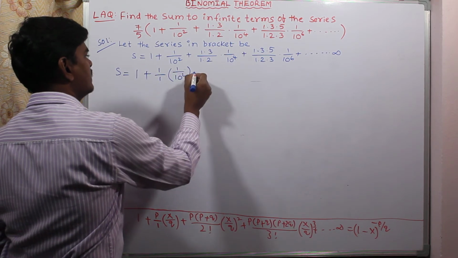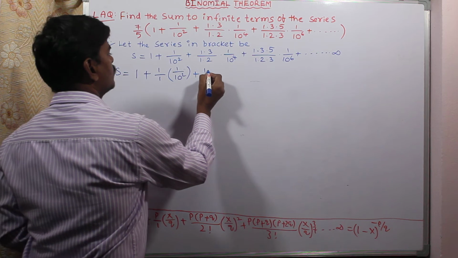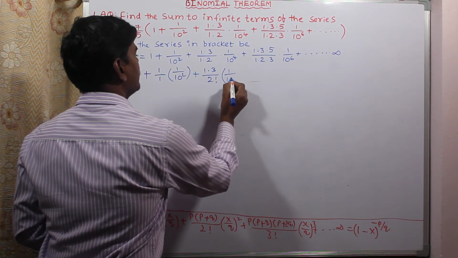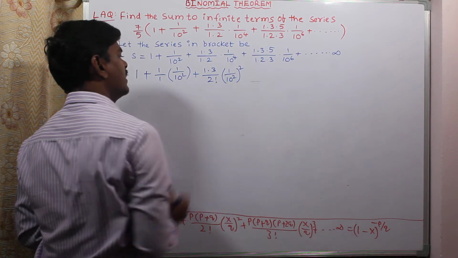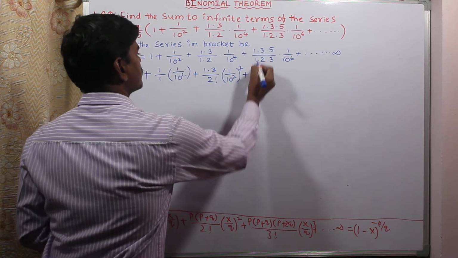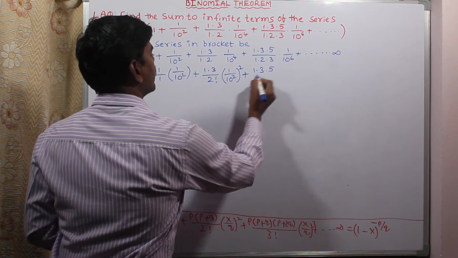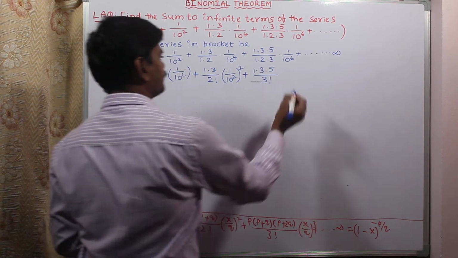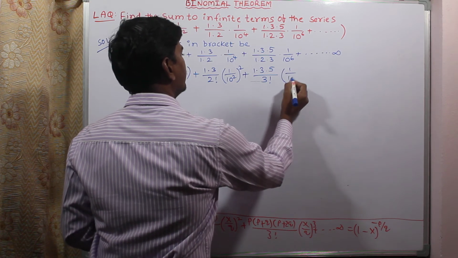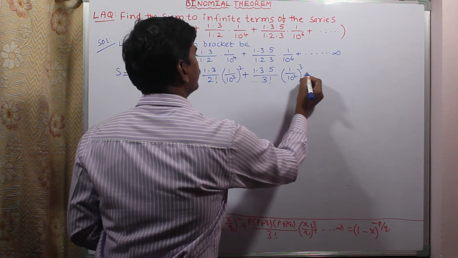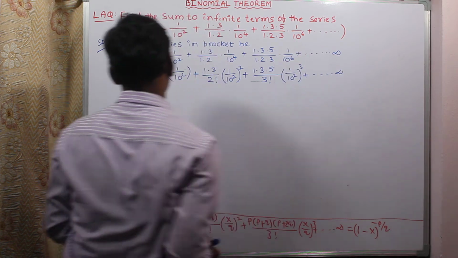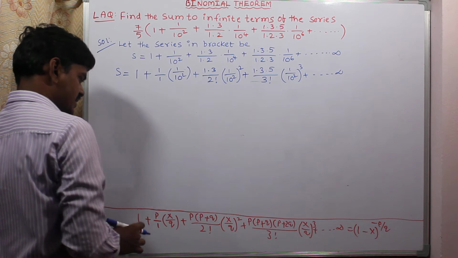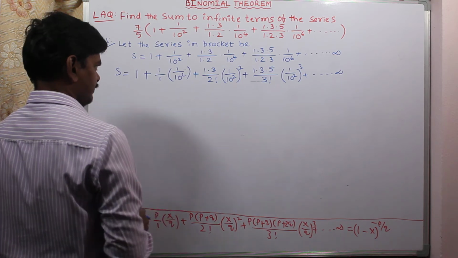This bracket expression is x by q. Plus 1 into 3 by 1 into 2 can be written as 2 factorial, and 1 by 10 power 4 can be written as 1 by 10 square whole square, plus 1 into 3 into 5 by 1 into 2 into 3 can be written as 3 factorial into 1 by 10 square whole cube plus so on up to infinity. Now exactly the given series has been changed to the formula form.